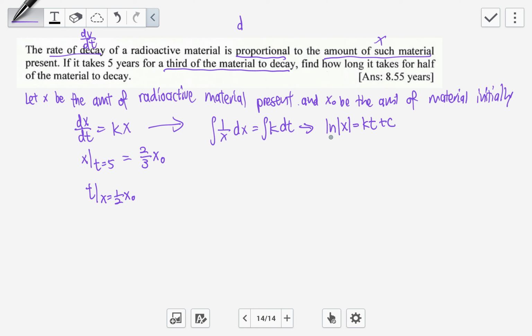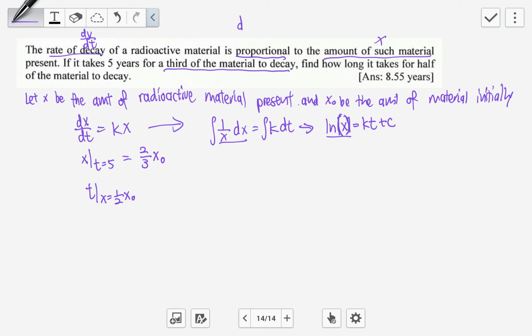When the numerator is the derivative of the denominator, we always get ln modulus of the denominator. But in this case, since the amount of such material cannot be negative, the modulus is negligible. We can put a round bracket instead, since it makes no difference.